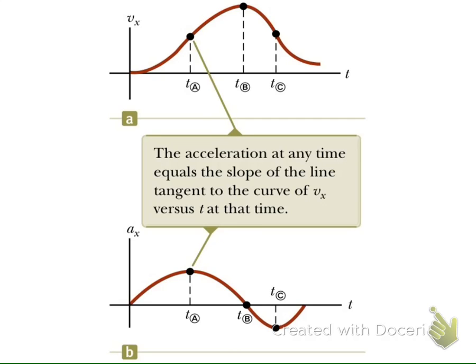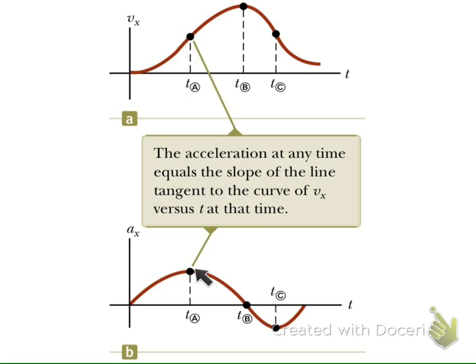It is useful to be familiar with the relation between the VT diagram and the AT diagram. In this figure, the top diagram is a VT diagram, and at the bottom is an AT diagram. You can see that at point A, at time Ta, Ax reaches the maximum value.